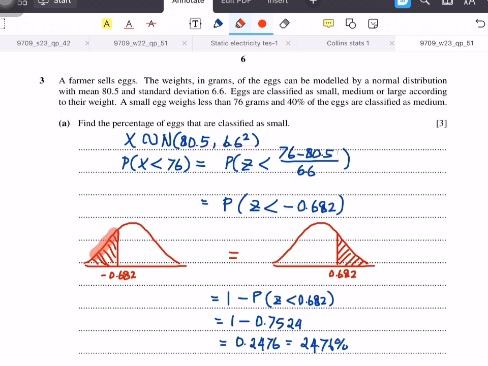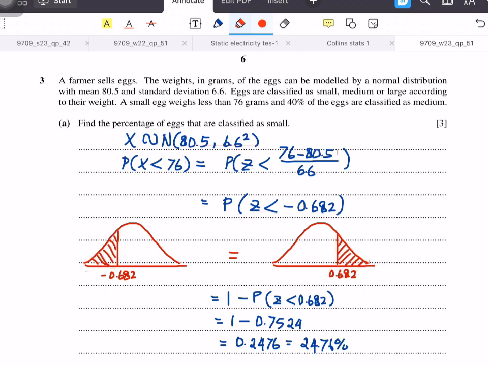We are to find the proportion of this area. This one. So we need to flip the diagram first. Since they are symmetrical, this area will be the same as this one.